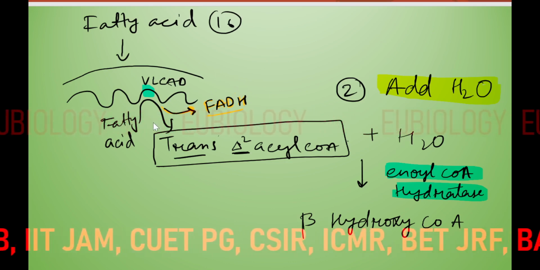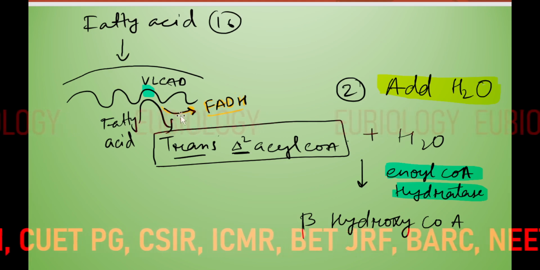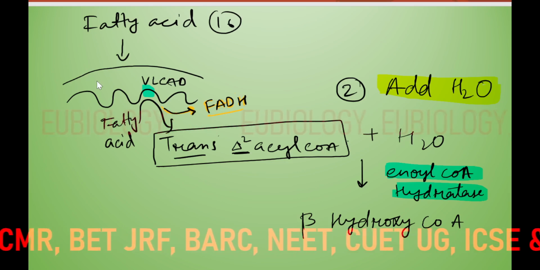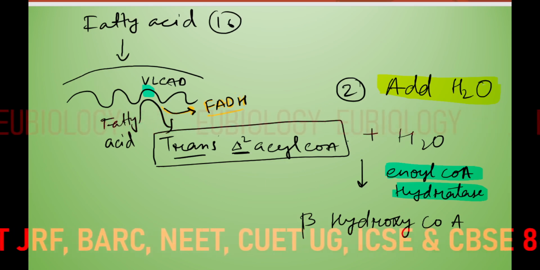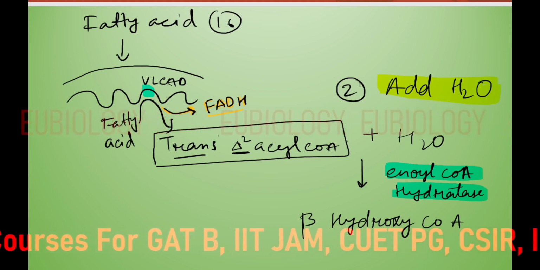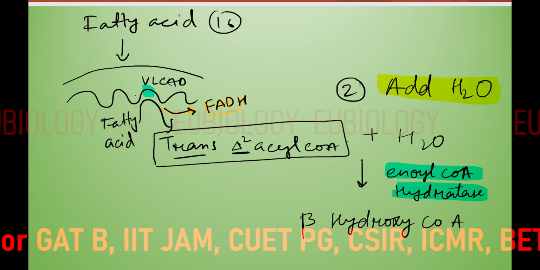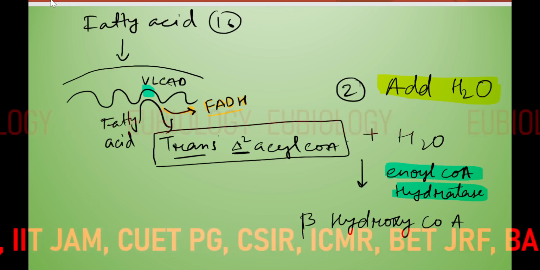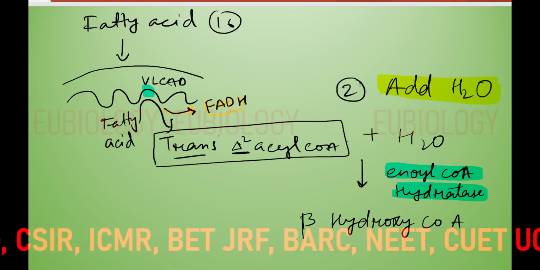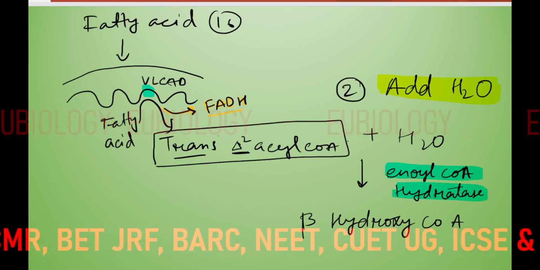So there will be one enzyme which is having the reduction in this. That enzyme is acyl coenzyme A dehydrogenase. So here you mention one enzyme name, acyl coenzyme A dehydrogenase.